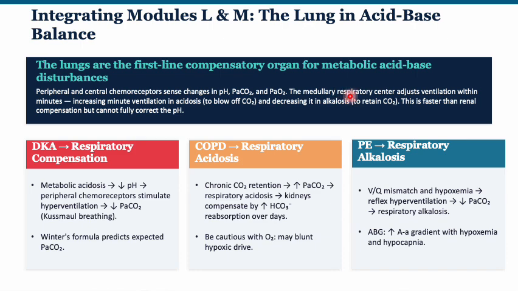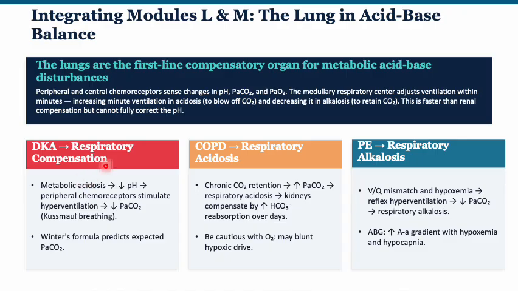The medullary respiratory centers adjust ventilation within minutes, increasing minute ventilation in acidosis, meaning it's going to blow off that CO2, and decreasing it in alkalosis to retain the CO2. This is faster than the renal compensation, but it cannot fully correct pH.